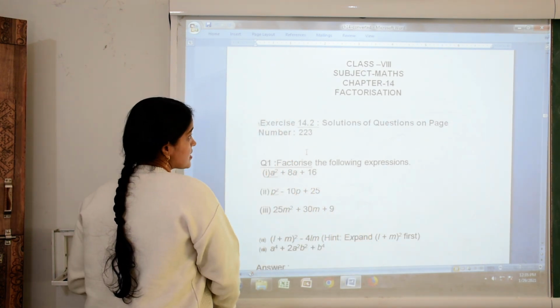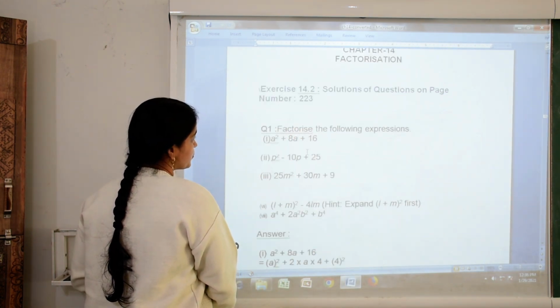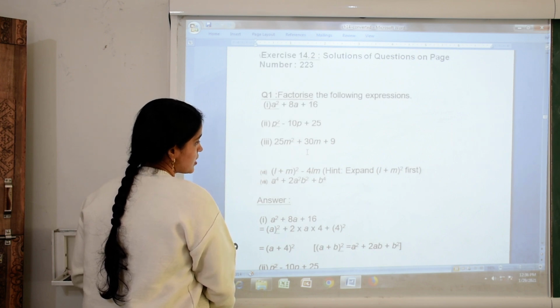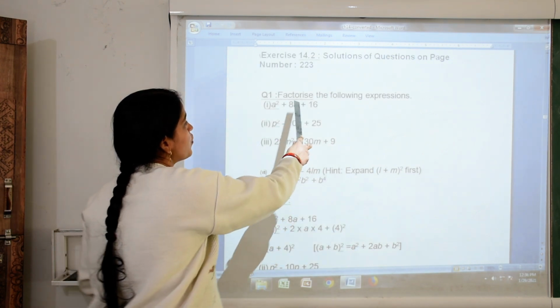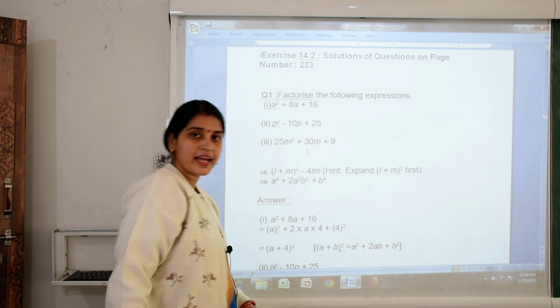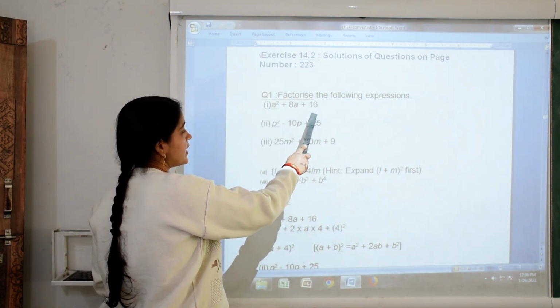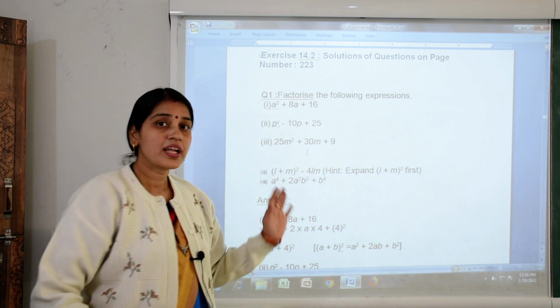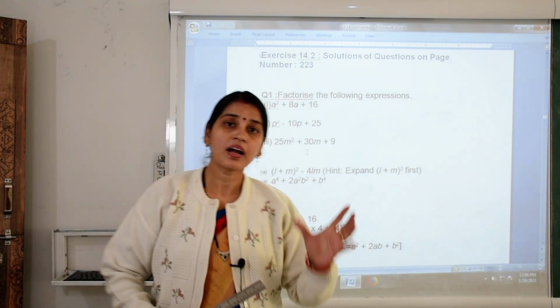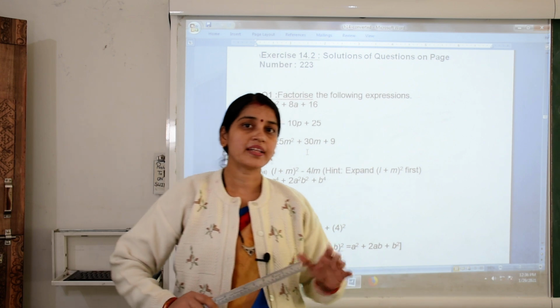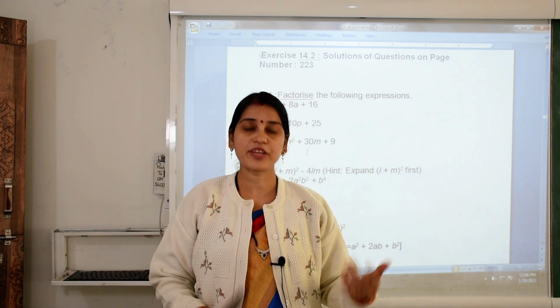Exercise 14.2. Our question number 1 is: factorize the following expressions. First is a square plus 8a plus 16. Now in this question you have to identify by which method we have to do it.